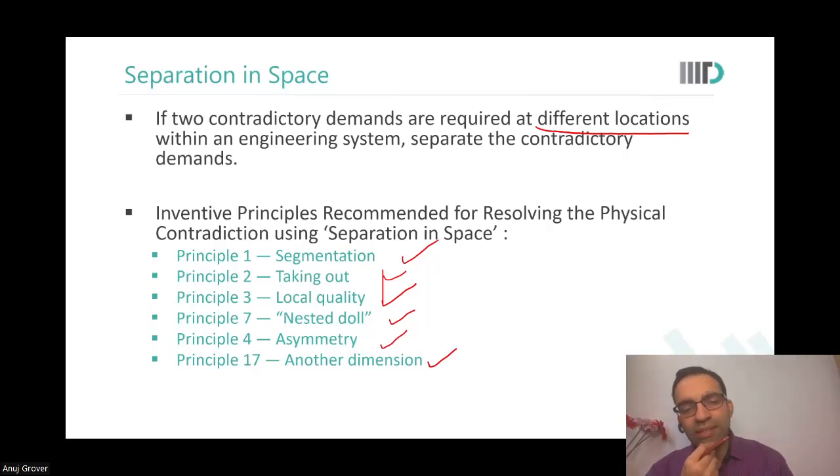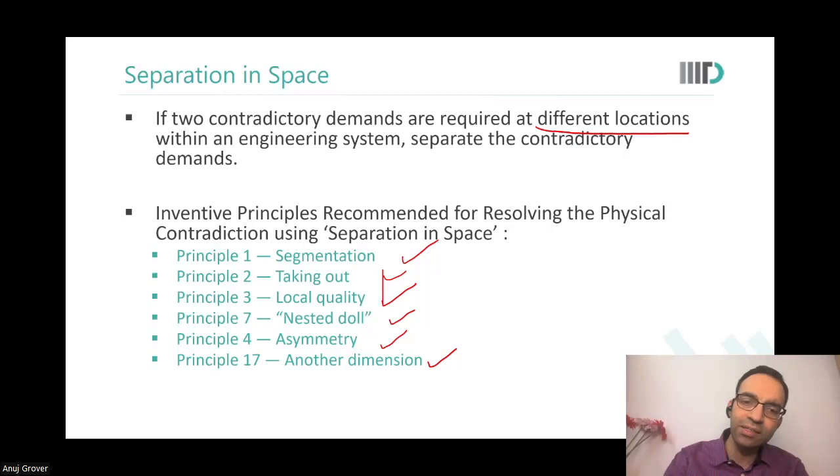So tell me one thing. How many of you have used the tech optimizer tool or the matrix yet? Have you seen the 40 inventive principles? Those of you who have seen the 40 inventive principles, at least made an attempt to search for them or identify them, can you just put a +1 in the chat window?